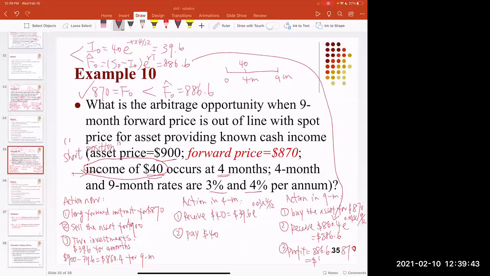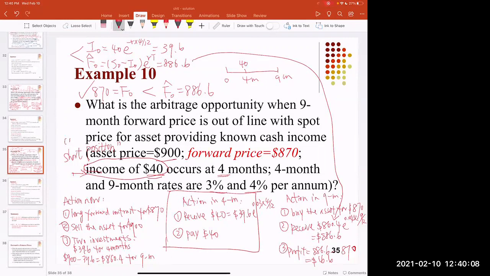That's correct. 16.6, that's the profits, okay? So you can see case 1, case 2, very similar. The difference is what? For case 2, we have either 2 loans or 2 investments, right? Because in the short term, you're gonna have an income or you're gonna have a liability. So we have 3 types of actions.